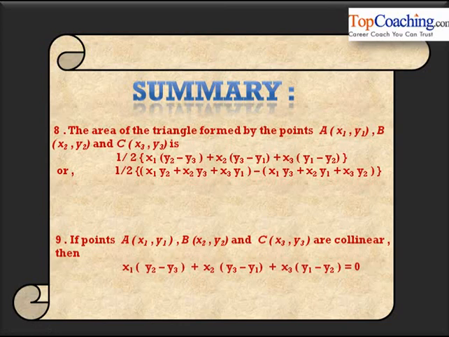This we get because if 3 points are collinear, then that means that we cannot form a triangle using these 3 points, and so the area of such a triangle would actually be equal to 0. Thus if we equate this expression to 0, then we get x1 into (y2 minus y3) plus x2 into (y3 minus y1) plus x3 into (y1 minus y2) equal to 0. So this is the condition for 3 points A, B, C to be collinear.